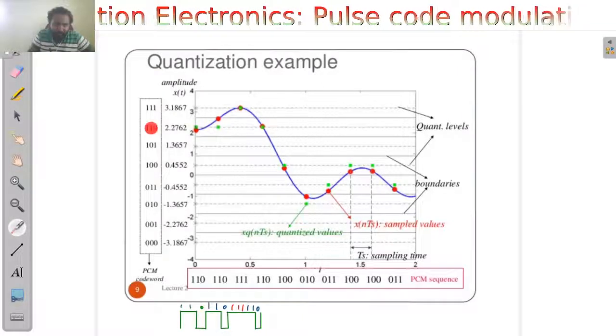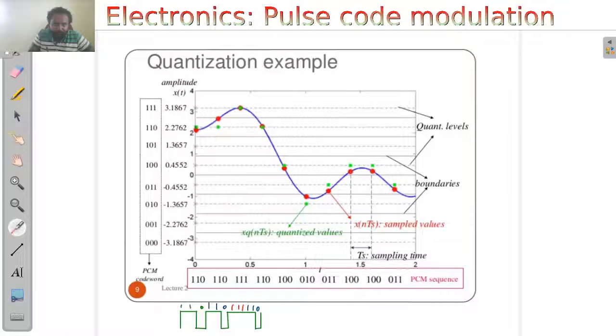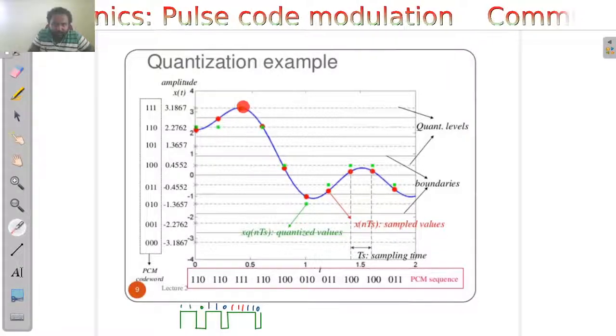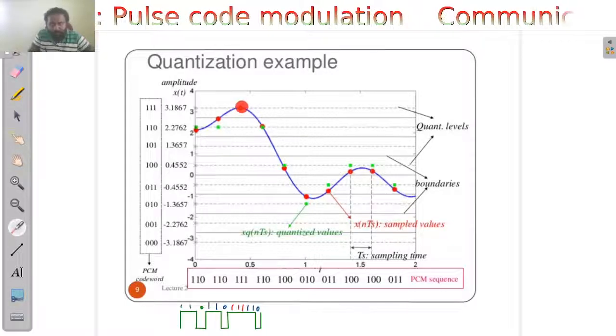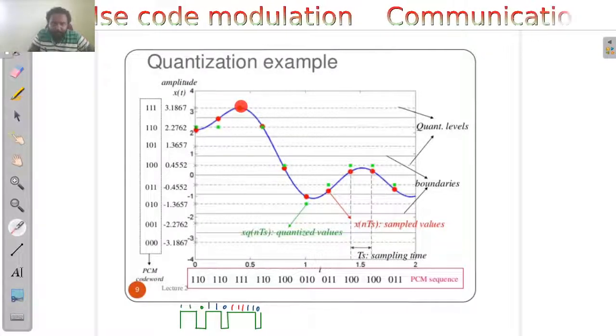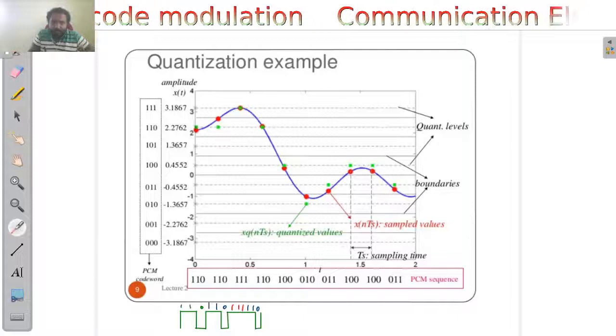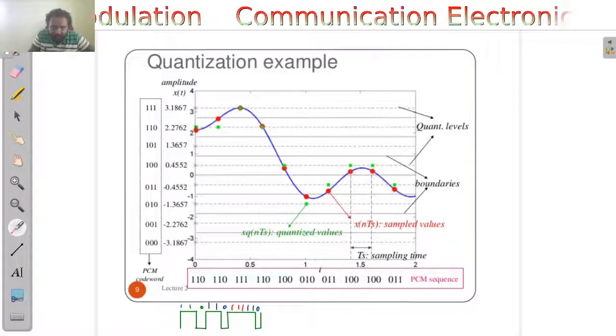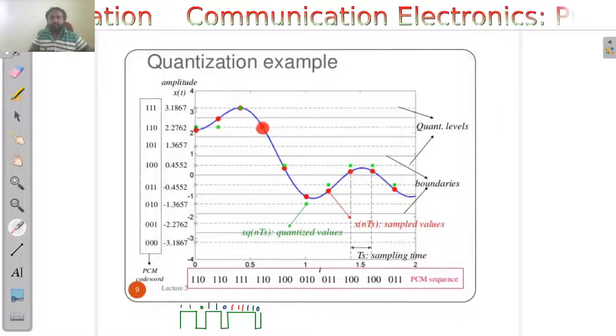That is the quantization level 110. So I can approximate it to 110. The next one is already on a quantization level, so there is no need for approximation. The fourth one is on the quantization level itself, so there is no need for approximation.